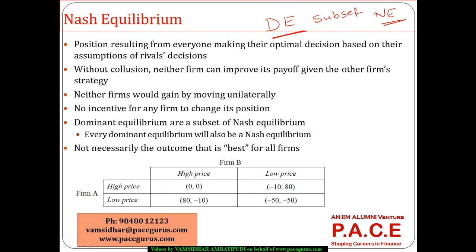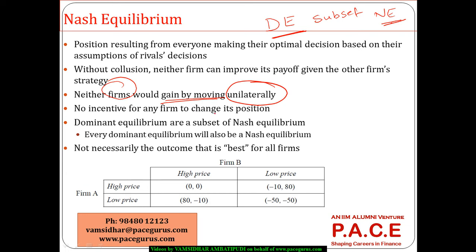Even without a dominant equilibrium, just like this example, there could be a Nash equilibrium. So none of the firms will have any advantage if it makes a move, if it changes its strategy without the other one responding to it, which means there is no incentive for any of the firms to change their current positions.